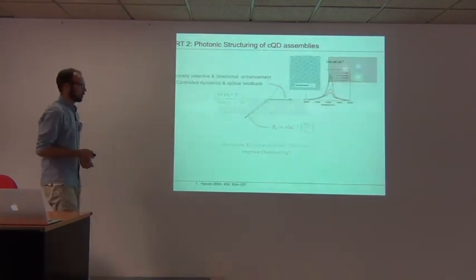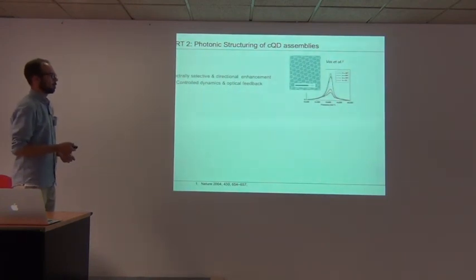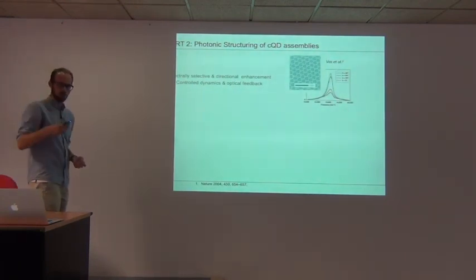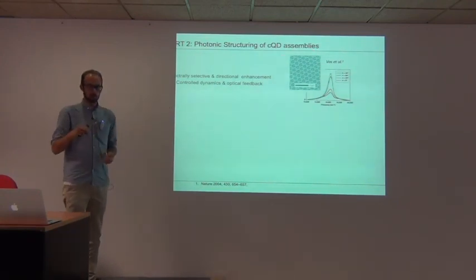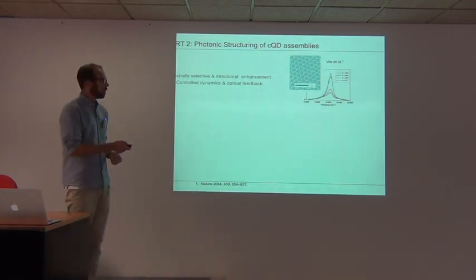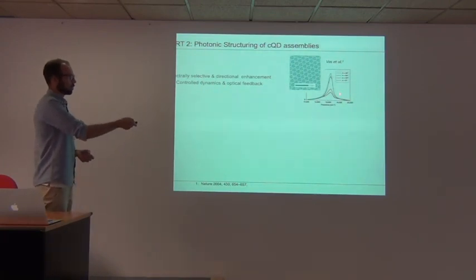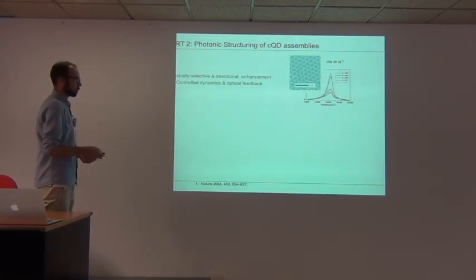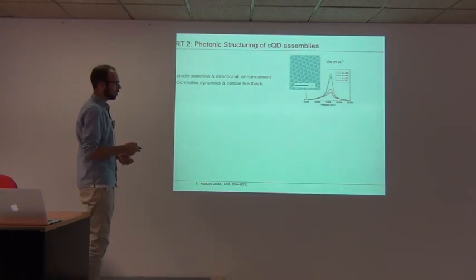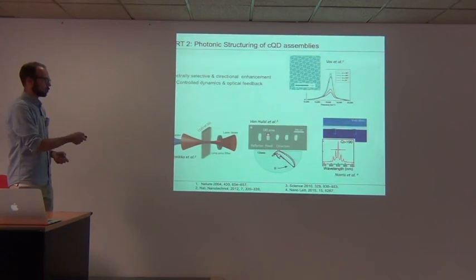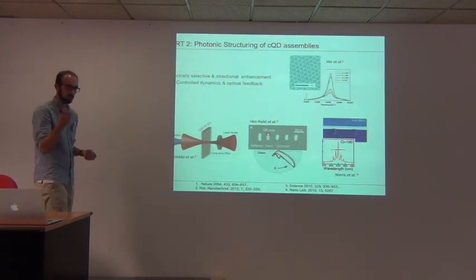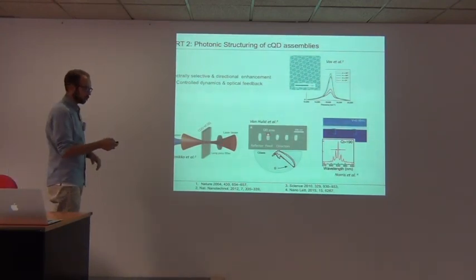There's a lot of work in this direction, like coupling quantum dots to photonic structures. In this early work, they place quantum dots in solution inside a photonic crystal, and you can control the emission dynamics of these systems very nicely. Cavities, of course, have been used to create optical feedback even in these systems, again enhancing the optical properties.